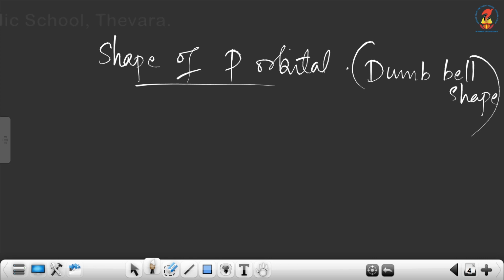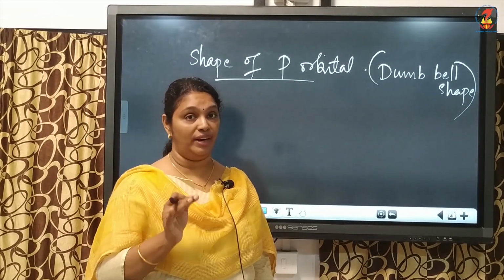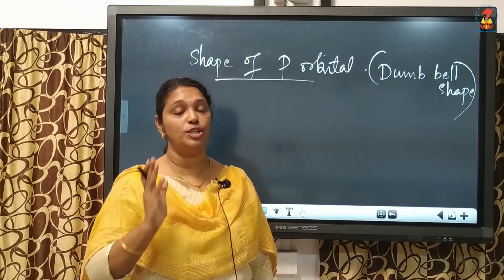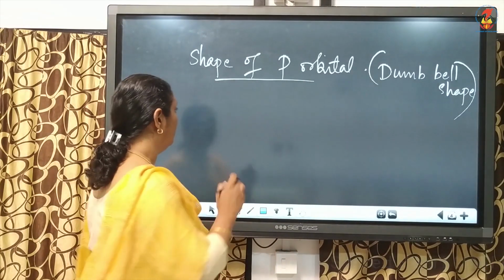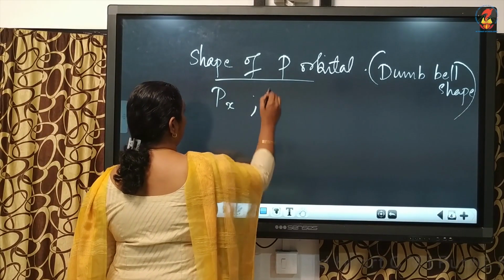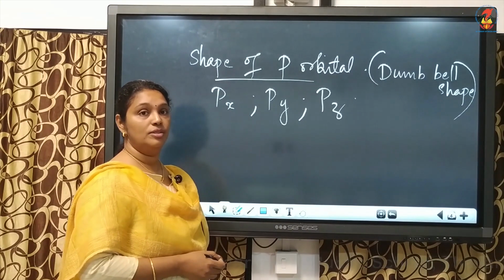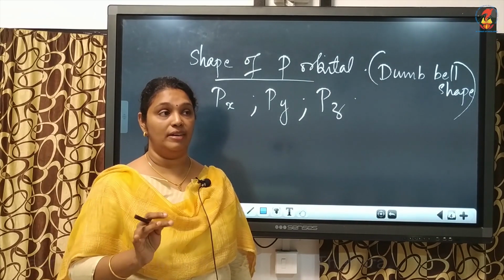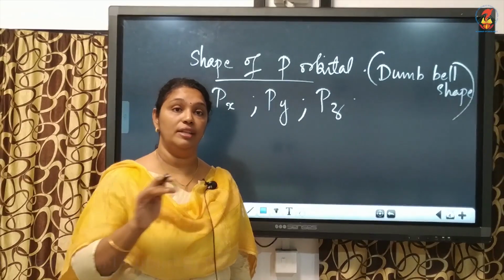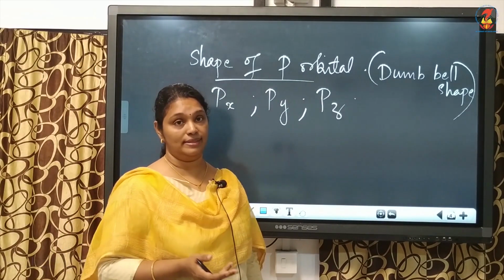Now we know that p orbital has a dumbbell shape, and you know there are 3 p orbitals because there are 3 values for m, which means there are 3 orientations for p orbital, and the names of the 3 p orbitals are px, py and pz. So these are the 3 p orbitals in p subshell. When I say px, the orientation is along x-axis, py along y-axis and pz along z-axis.